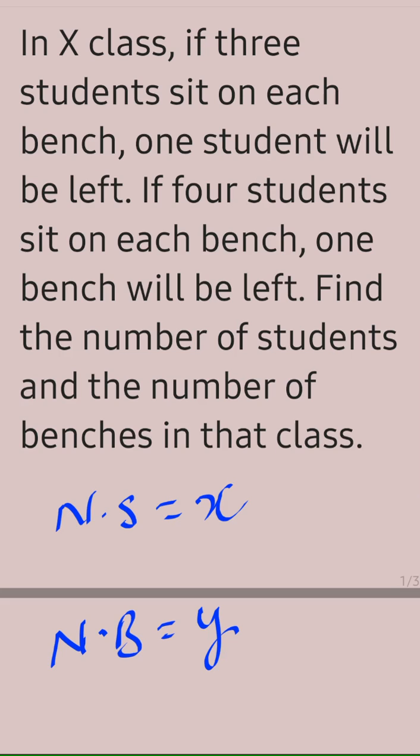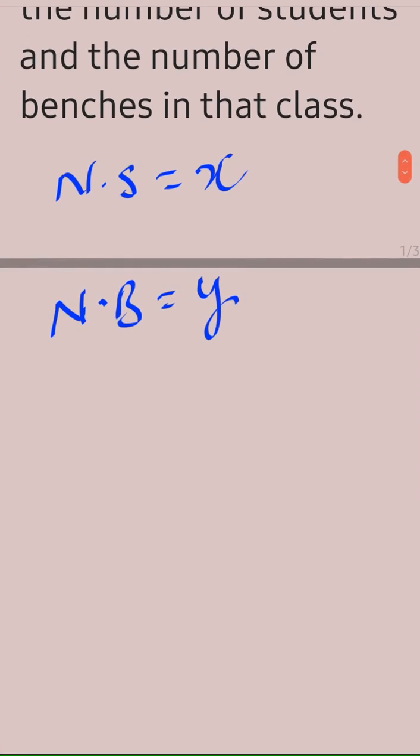So for this statement, how can we make the equation? Here it is very simple. We just have to equate the students and benches. We have to make a relation between students and benches. So the number of students, that is x, equals, how can I write it in terms of benches?